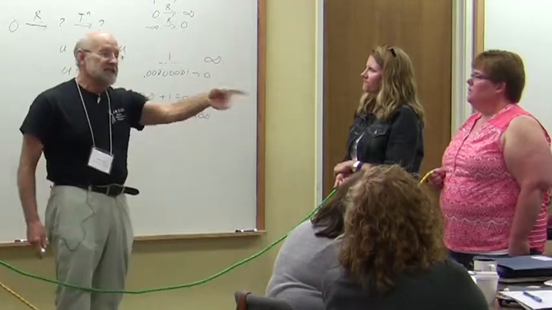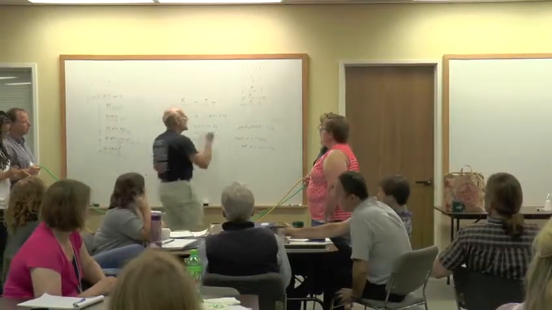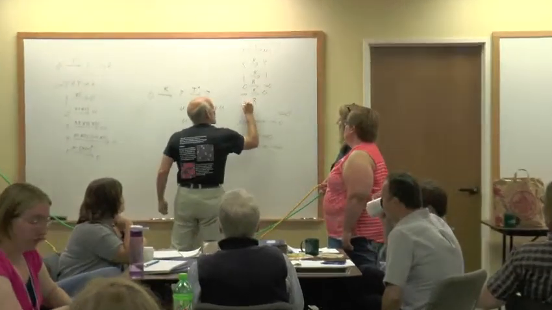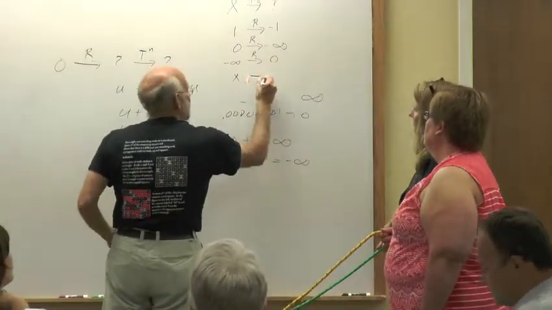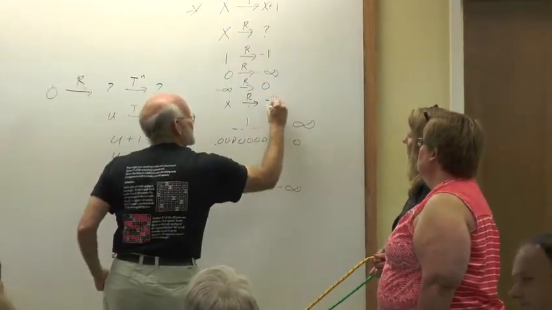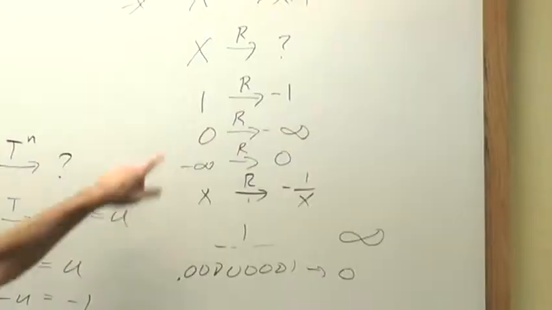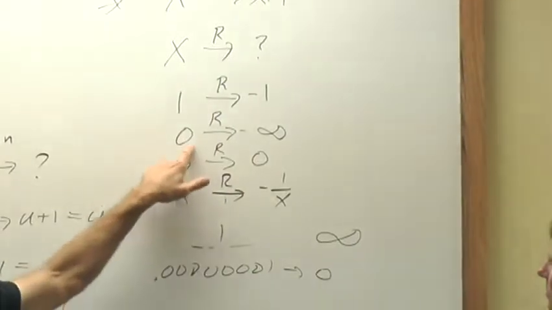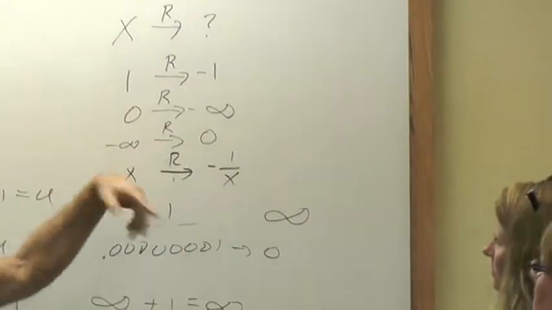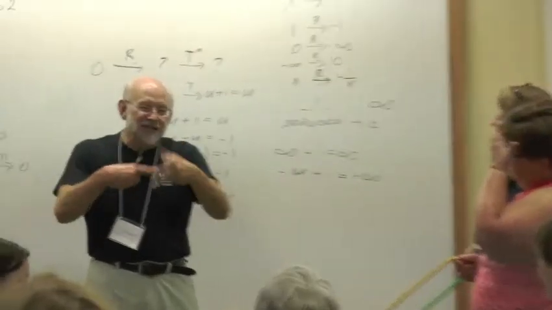And then there was a nice suggestion here that R maybe takes x to -1 over x. Does that work in these? It works in this case, well, 3 cases, in this weird division kind of sense.